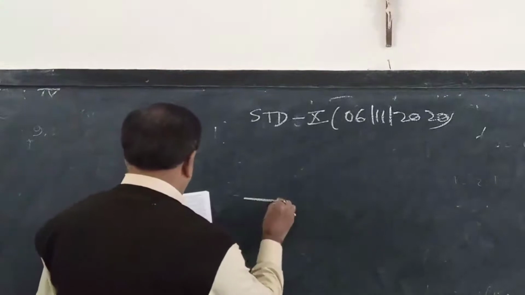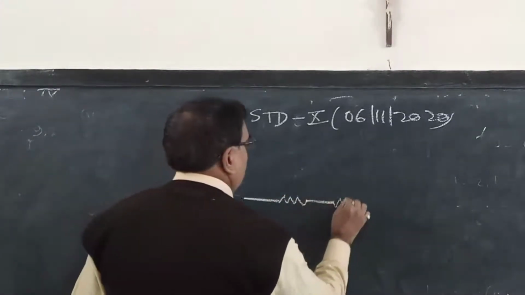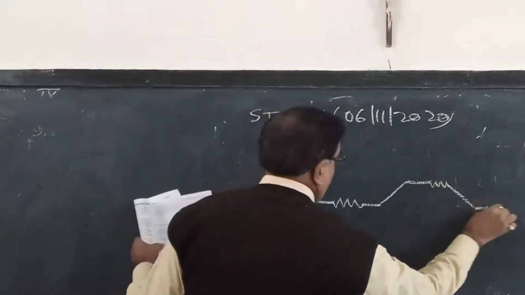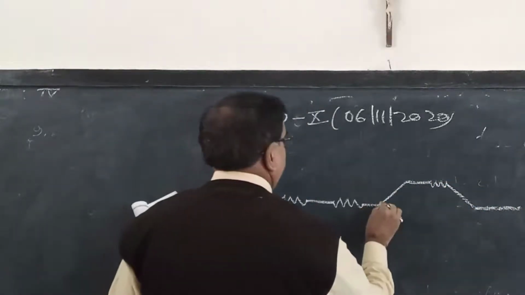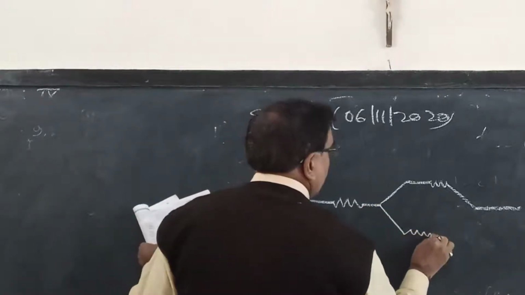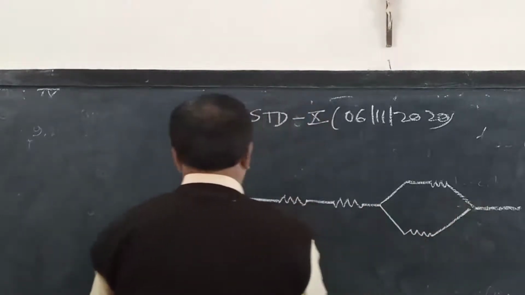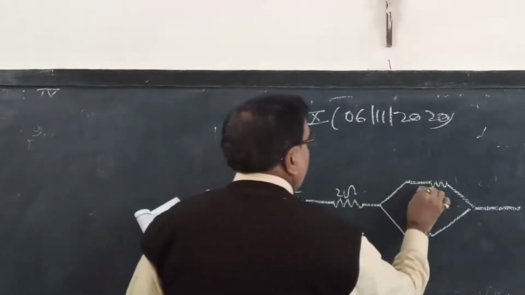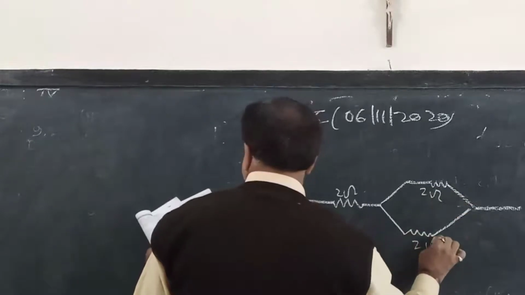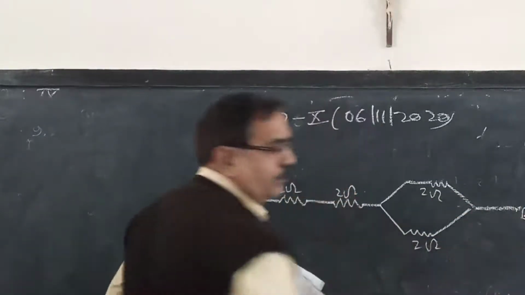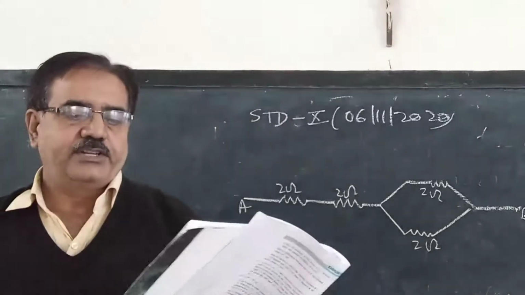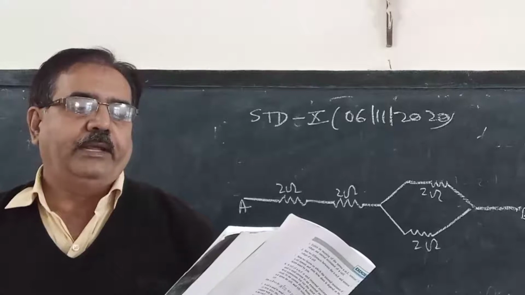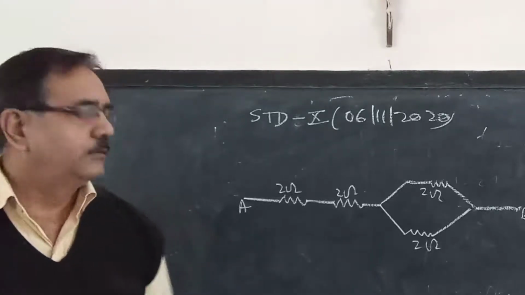This one. A, 2 ohm, 2 ohm, 2 ohm, 2 ohm, and this is B. Calculate the equivalent resistance between A and B. Each resistance is given to you.